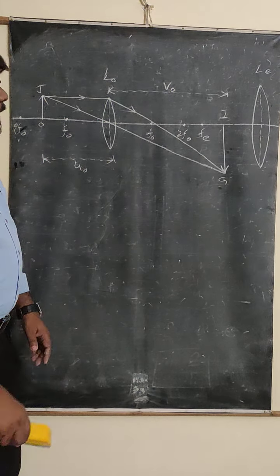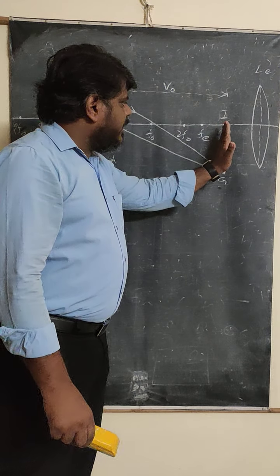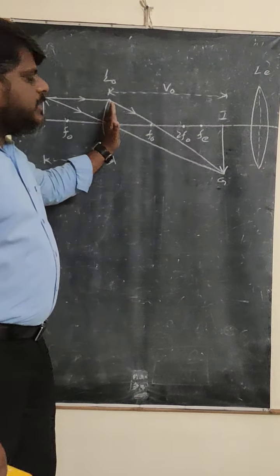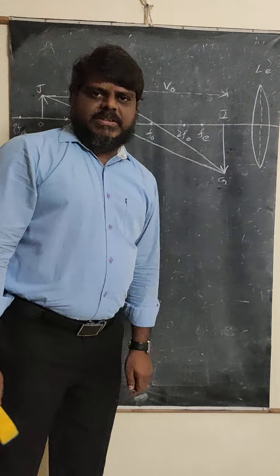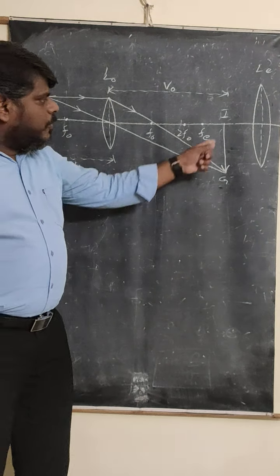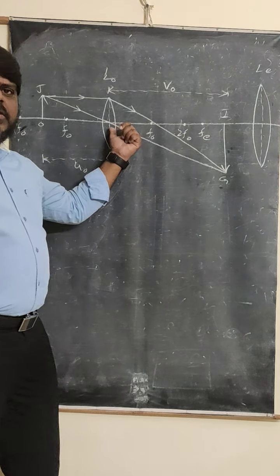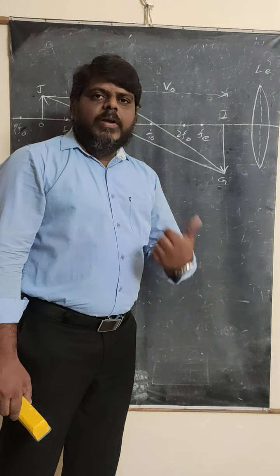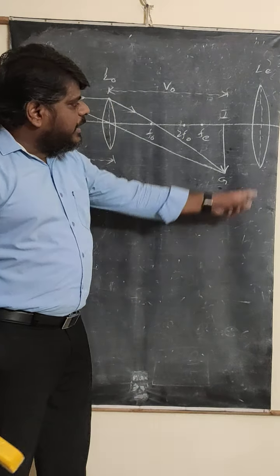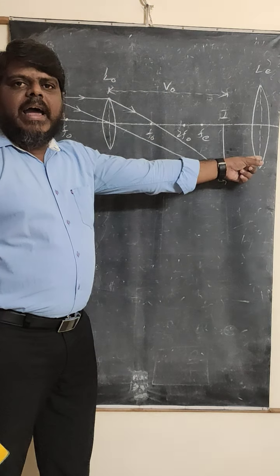Now, what is going to happen here? Whatever image is produced by the objective lens will become the object for the eye lens. You understood here? The image produced by the objective lens becomes the object for the eye lens, and the final image is produced by the eye lens.